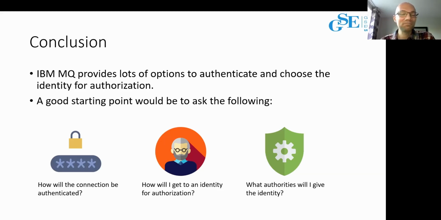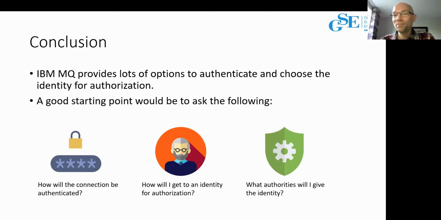So some things to consider when you're doing this: when you're setting up your authentication, how are you going to authenticate that connection? So which bits of information sent by the client are going to be usable and reliable to identify that connection, so that you can properly authenticate whether that connection should be allowed into your queue manager or not.